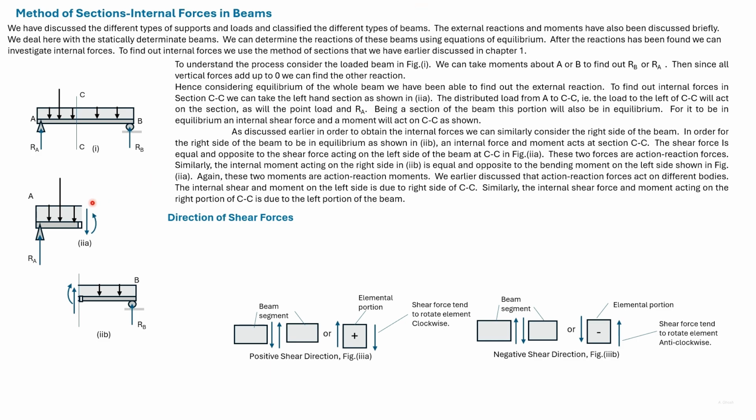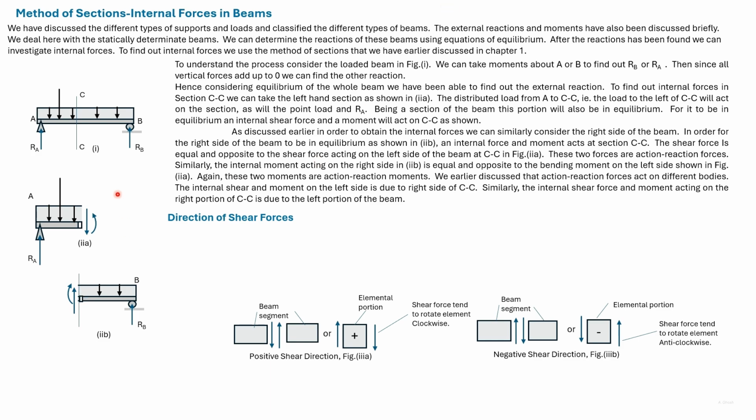So the shear force, if it is downward on the left side, must be upward on the right side. If we say that the shear force is downward on the left side, we are automatically telling about the direction of the shear force on the right side.